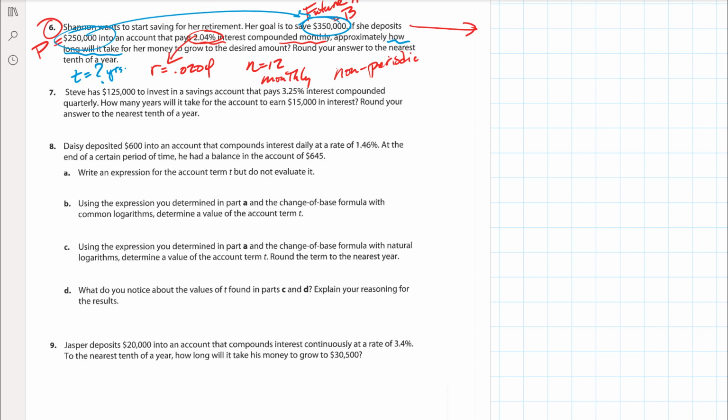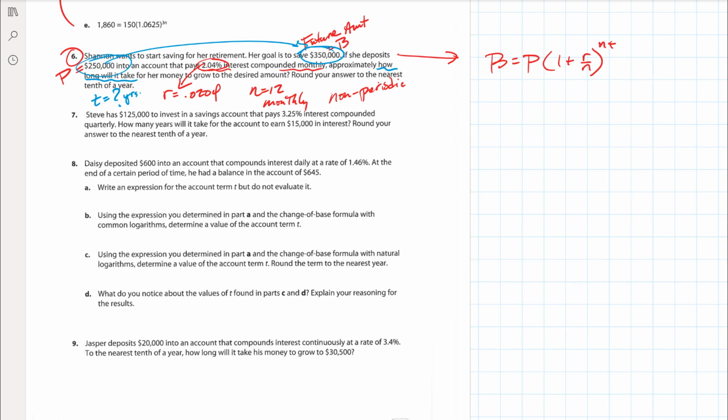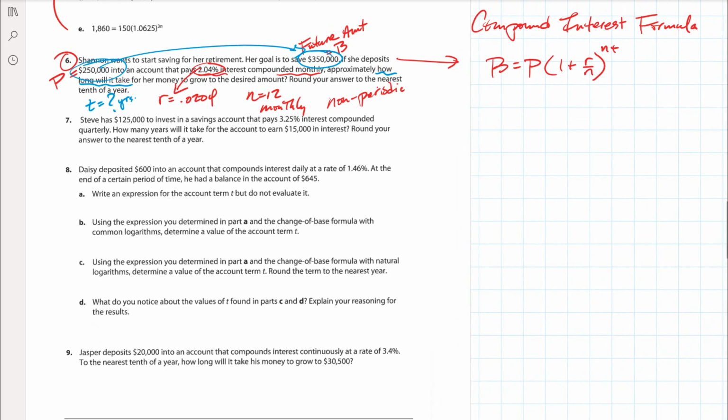And if it's a single deposit account, use B is equal to P times (1 plus R divided by N) raised to the NT power. So you got to know your compound interest formula. And if you guys don't know this right now, since we've been working on it for so long, where have you guys been? All right, that is it. You got to have that memorized.